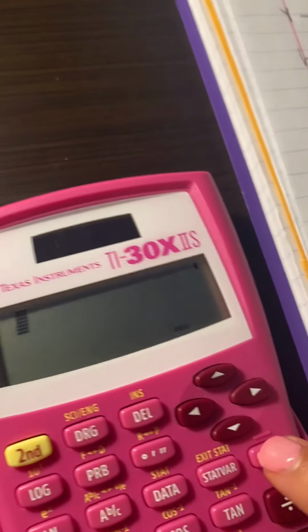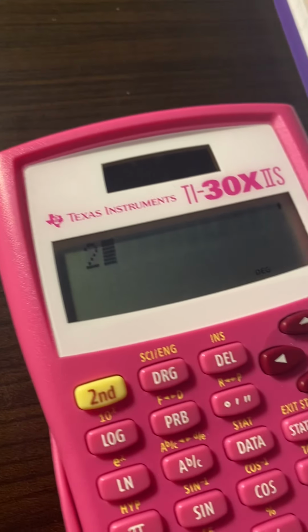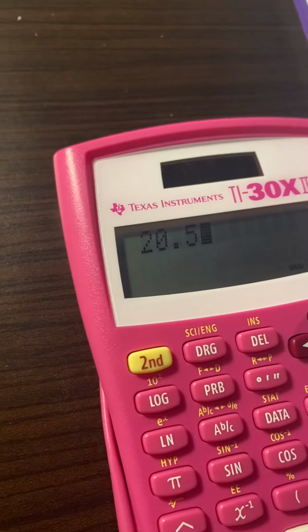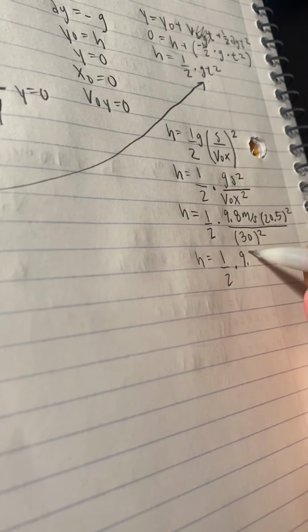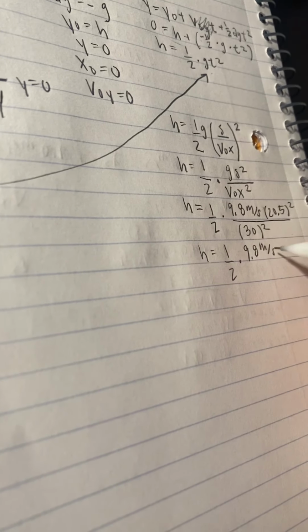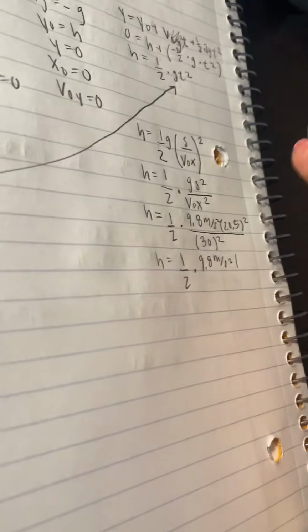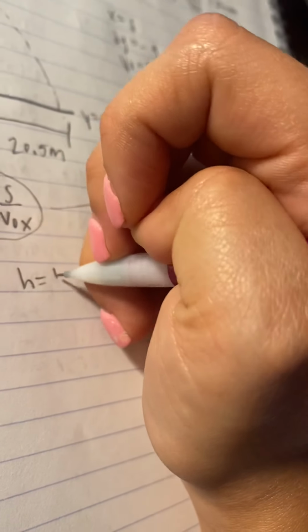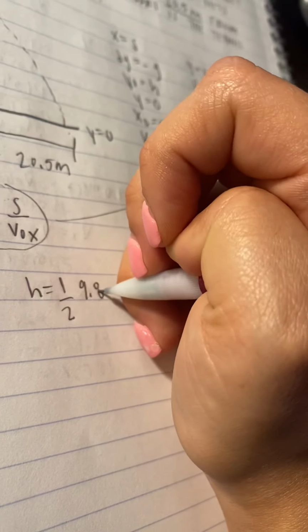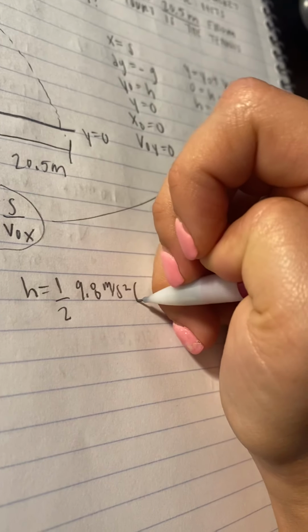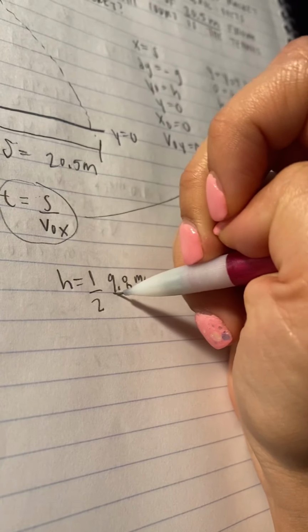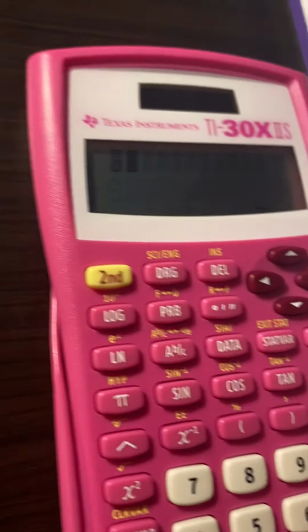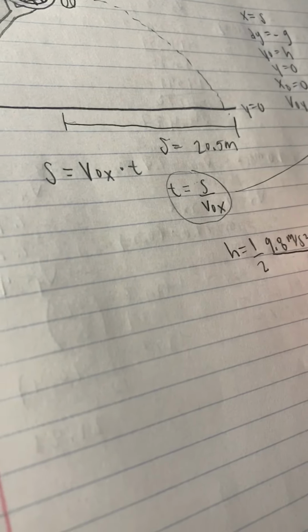And if we type that into our calculator, we have 20.5 squared, which gives us, hang on, let me rewrite it over here so I have more room. 9.8 meters per second squared times 420.25, and then 30 squared is 900.